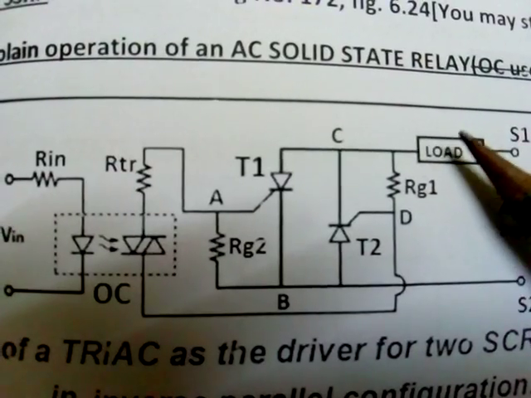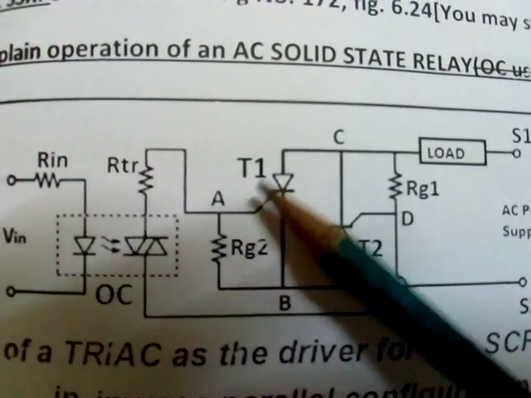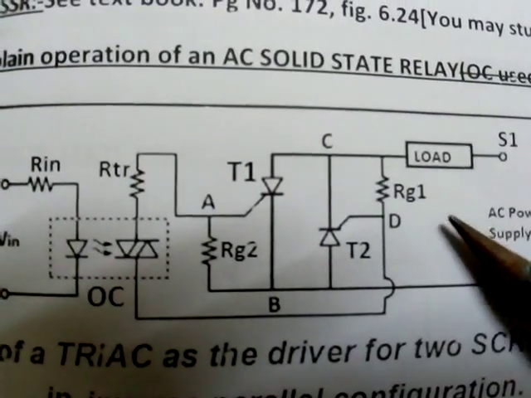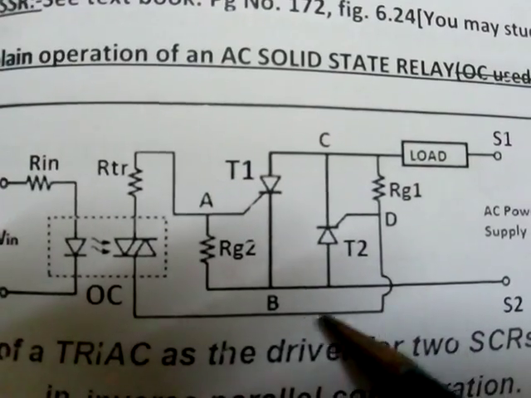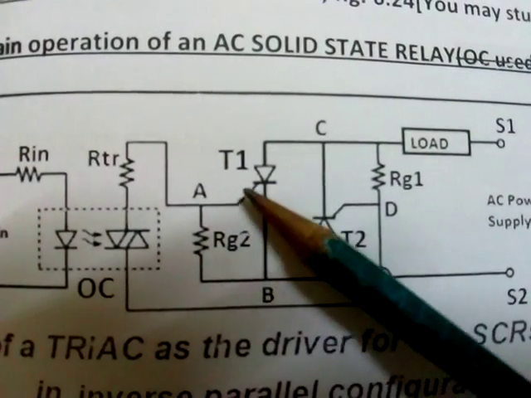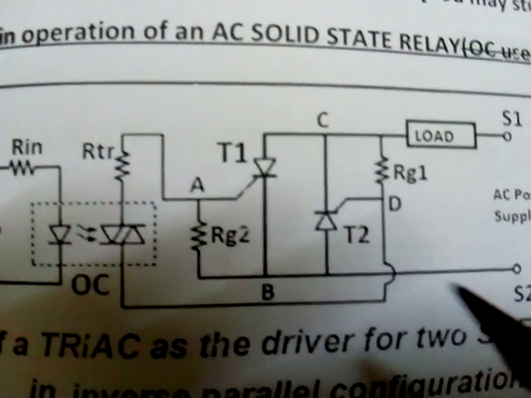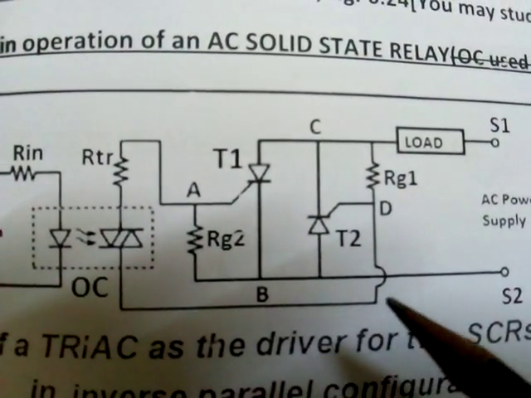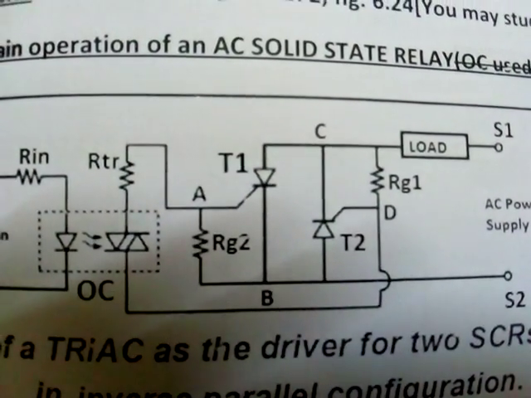During positive half cycle, gate current to T1 will come like this. See, like this, through the load. During negative half cycle, the gate current will be like this.